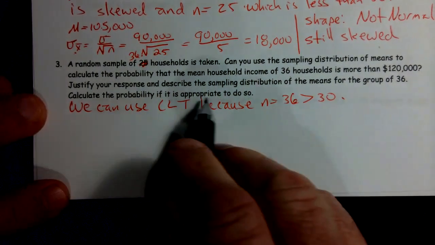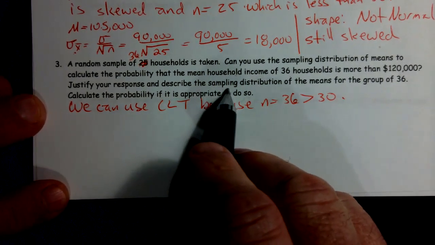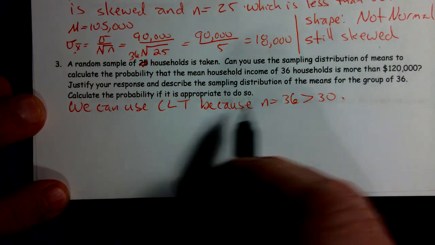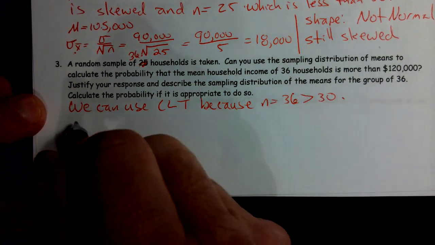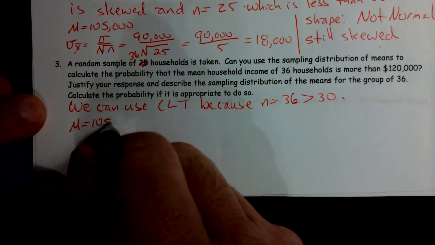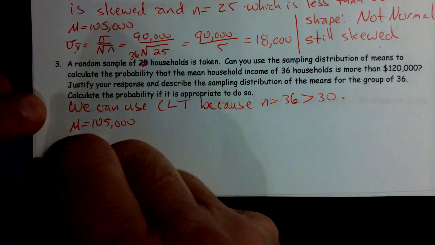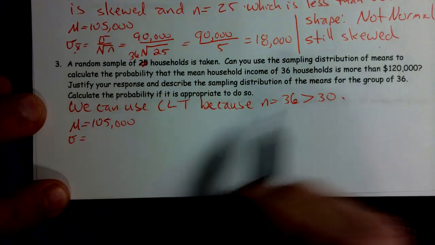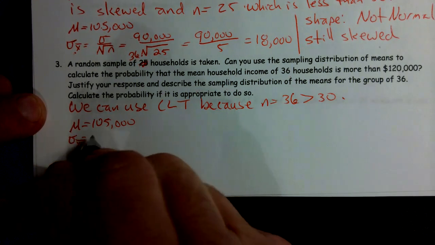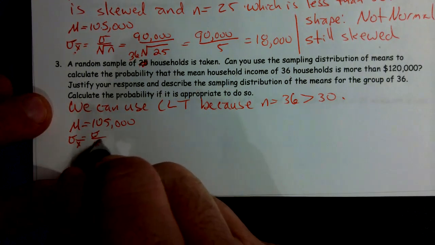So in this case, it says, justify your response and describe the sampling distribution of the means. So the distribution of the means, the mean is the mean is the mean. So the mean equals 105,000. The standard deviation of X bar is the standard deviation of the population divided by the square root of n.